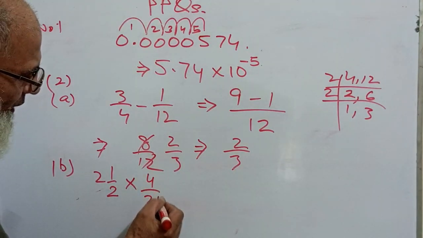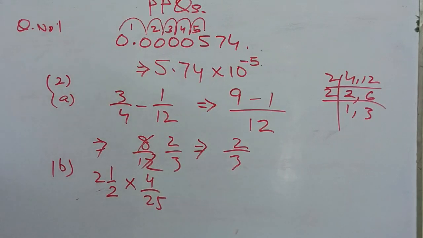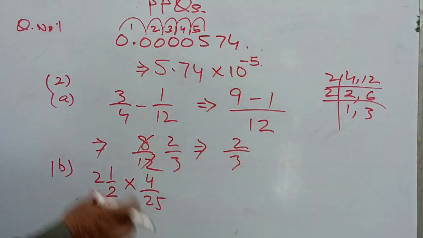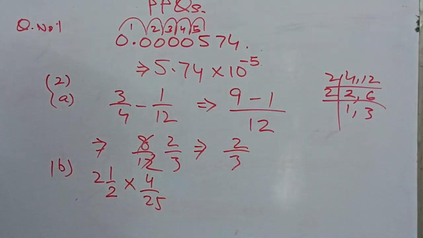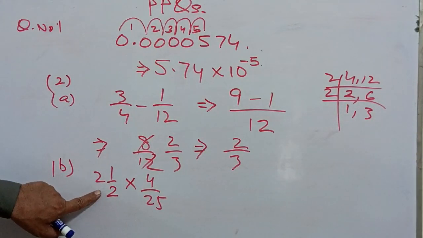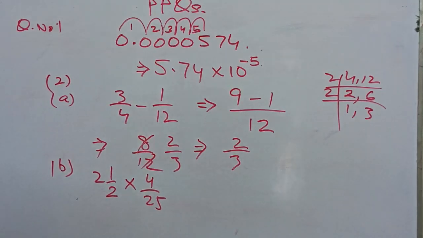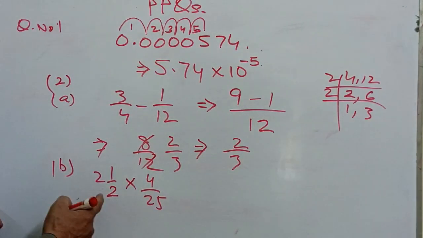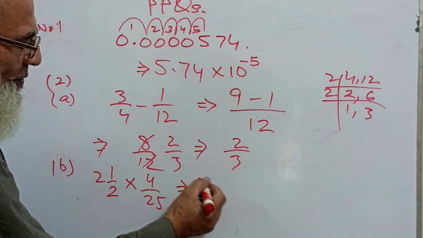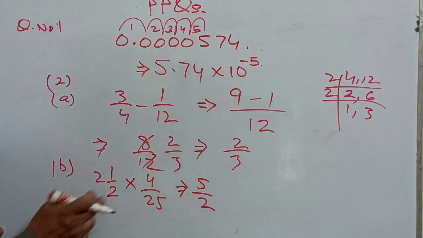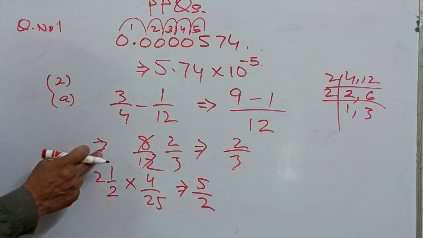You don't have to work out the LCM, because this is multiplication. But we will change this mixed fraction into an improper fraction. So 2 times 4, add 1, it will become 5 upon 2.